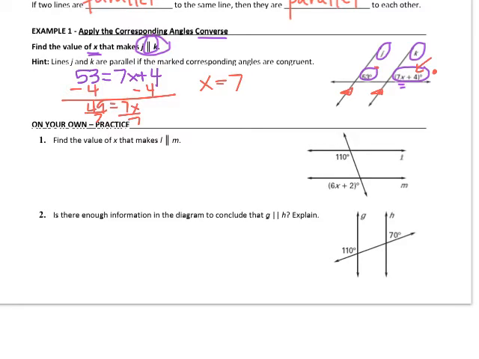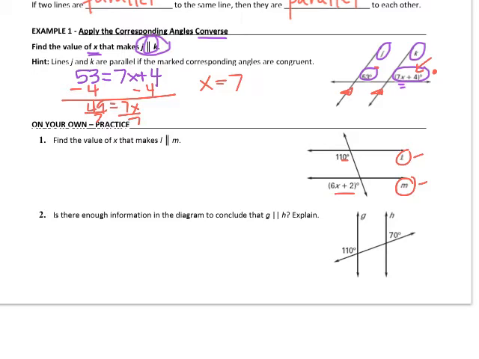Okay, so you're going to try this type of problem on your own. Number 1 here says find the value of x that makes L parallel to M. Again, 110 and this expression here need to be set equal because those are corresponding angles, and if they are congruent, then we know that lines L and M will be parallel.